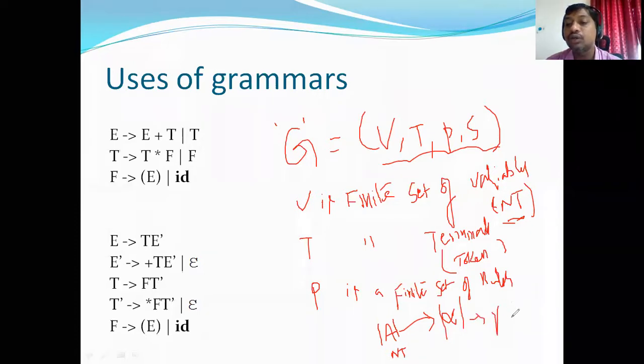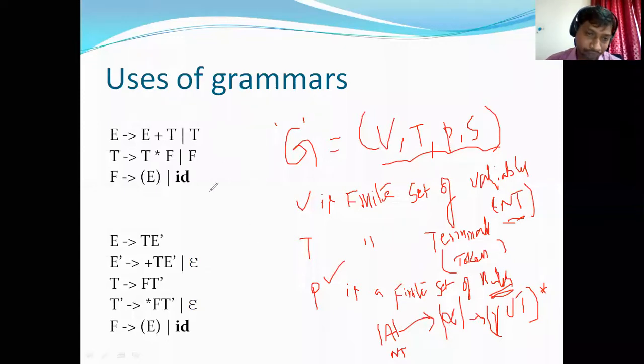That means on the right hand side you can have a combination of both terminals and non-terminals, but on the left hand side you must have a single non-terminal or a single variable. So P is the crucial thing here, the set of rules, or grammar rules. Grammar rules must be in the form of A derives alpha.